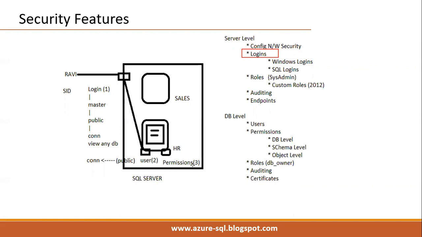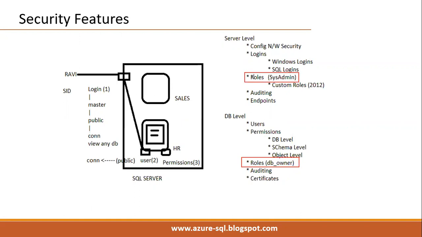As part of DB level security, users are there. We'll work with different levels of permissions again: DB level, schema level, object level. In the same way, we'll work with roles here also. At database level, the top level role is db_owner. At server level, the top level role is what? Sysadmin.